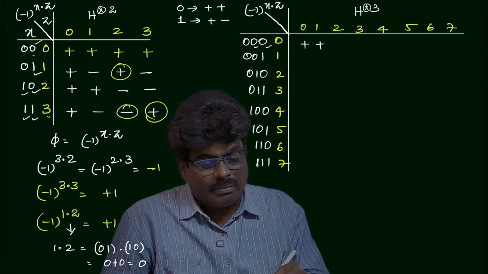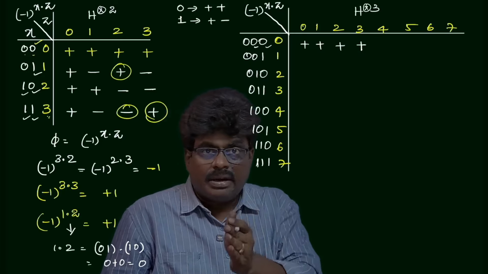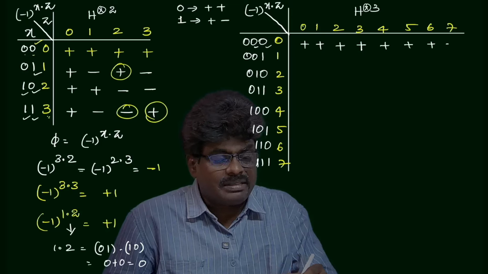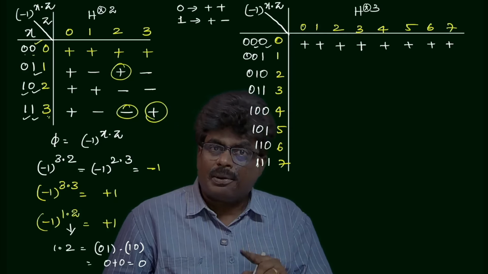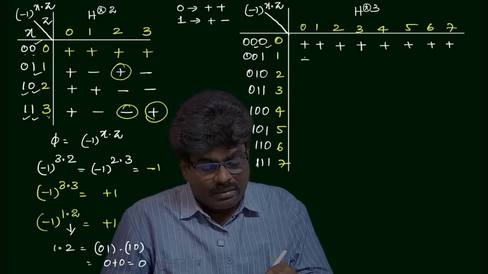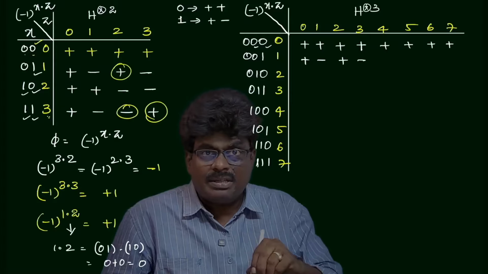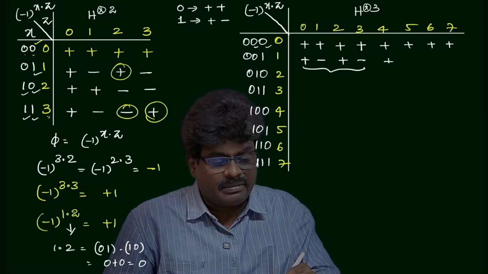Next 0 came, repeat the earlier signs as they are. Next again 0 came, repeat all the earlier signs. If 1 came, multiply all the earlier signs with an extra minus. So here 1 gives plus minus, then 0 came, plus minus. Now again 0 came, all the earlier signs as they are, please write.